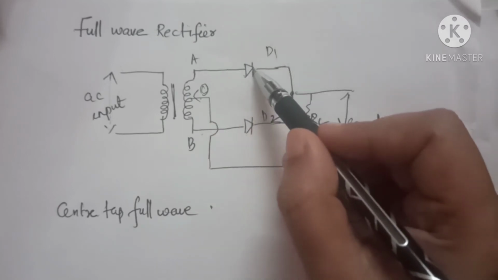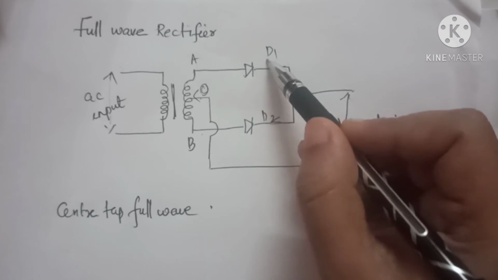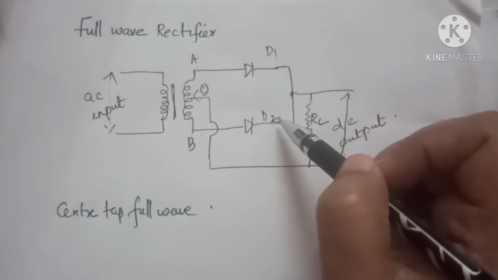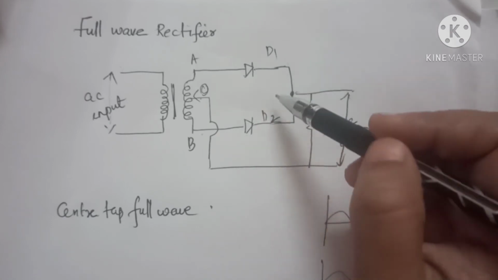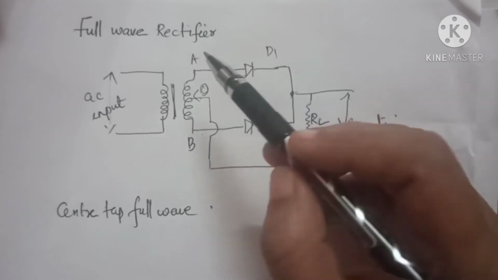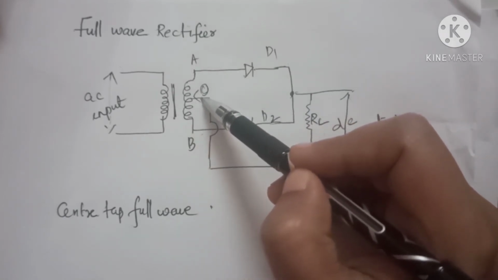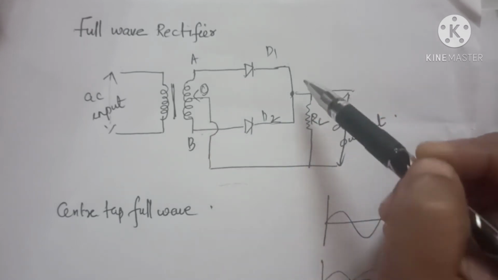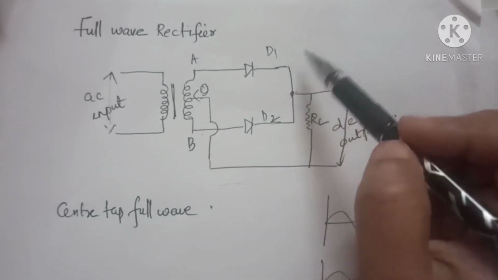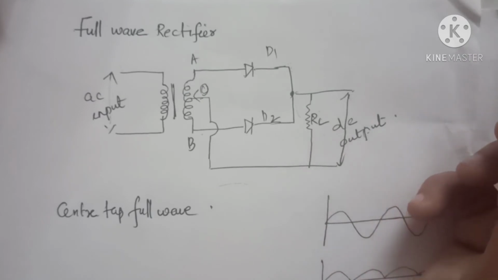Then the N regions, that is the negatives of D1 and D2, are connected together. Then the center tap O of the secondary is connected to the junction of the N regions of the diodes through a load resistance RL. Okay, so this is our connection.